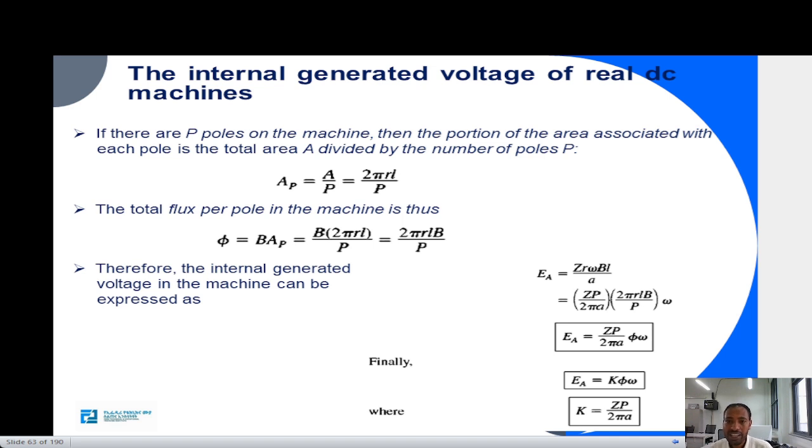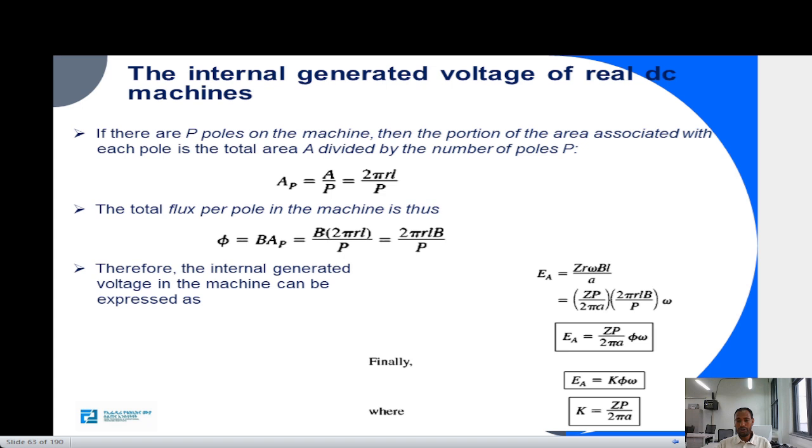Which means that the area associated with each pole is going to be area divided by pole, obviously. And what is our area? Our DC generator is cylindrical, so the area is going to be 2 pi R L by P.